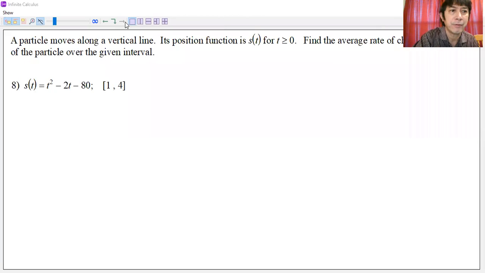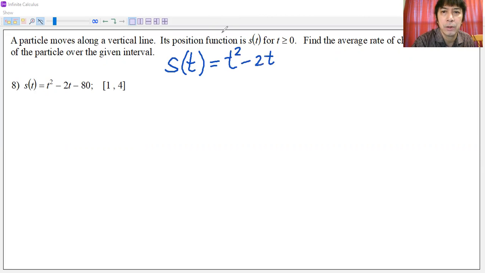So we will first get the function of displacement. This is now t squared minus 2t minus 80 for the interval 1 to 4.